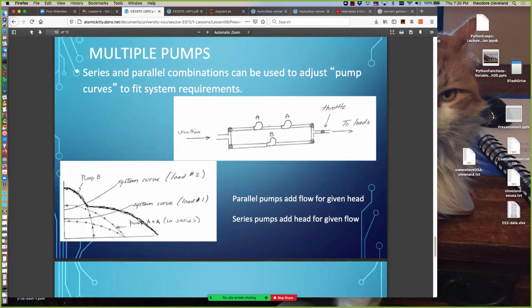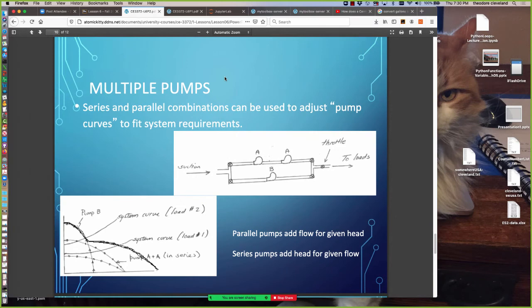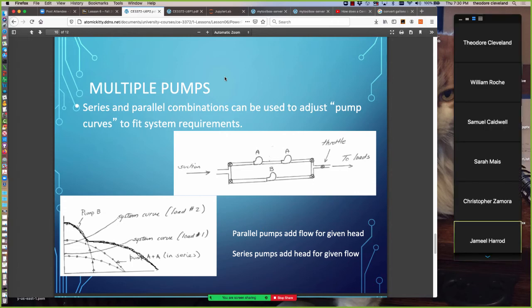We can use multiple pumps in parallel and serial combinations to adjust the performance to fit the system requirements. If pumps are placed in parallel, it increases the flow for a given head difference. If pumps are placed in series, it increases the head for a given flow rate.